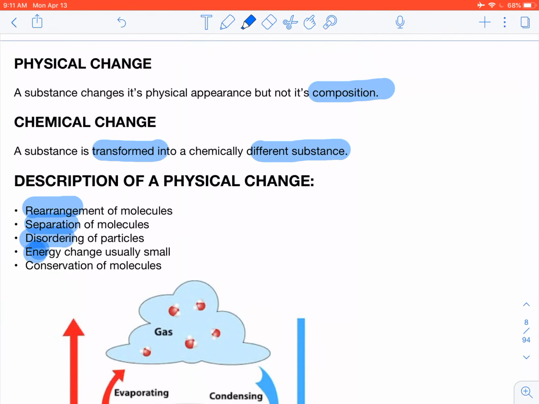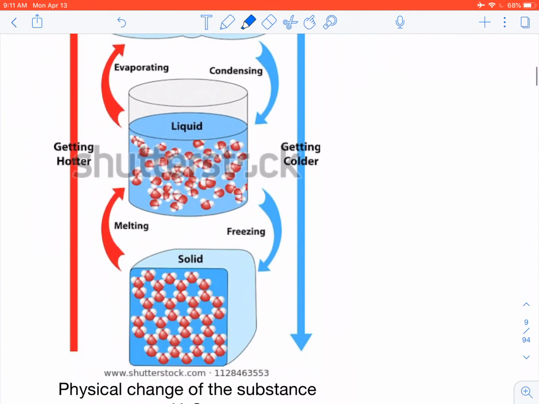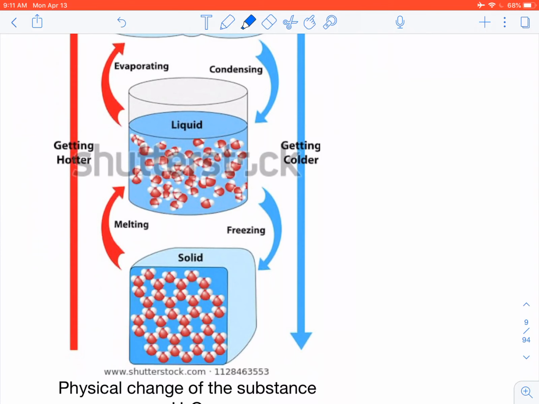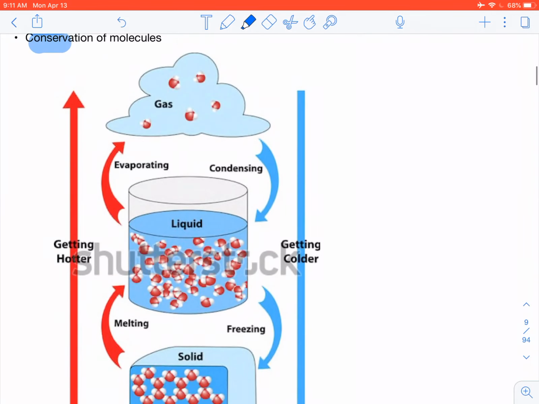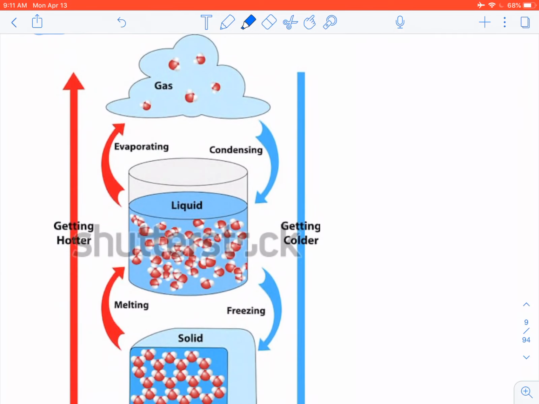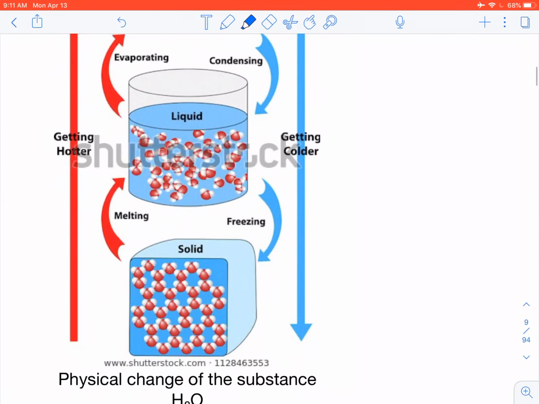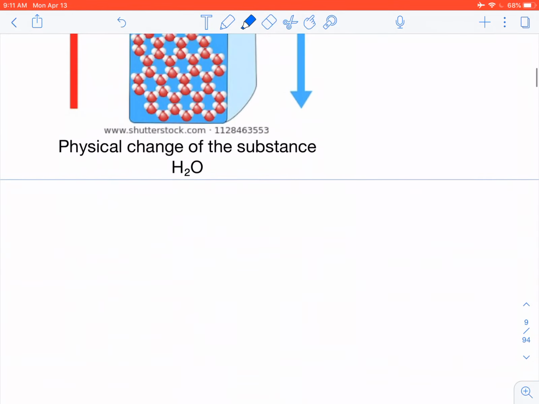There are energy changes and the conservation of molecules applies. Let's look at this now. We have, for instance, a solid changing to a liquid and then changing to a gas. And the other way around, when you have a gas, it condenses and forms a liquid, and the liquid freezes and forms a solid.